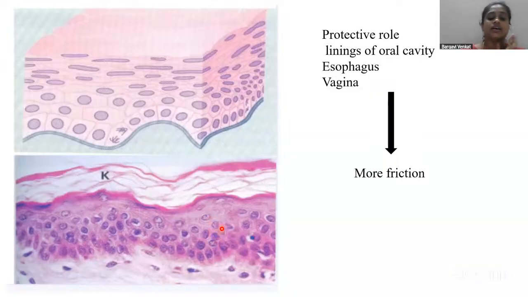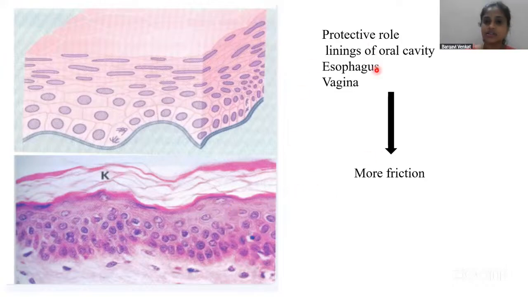In areas where more protection is needed, like the lining of your oral cavity, oral mucous membrane, esophagus, and vagina. All these areas are more prone to infection, and obviously the epithelium has to play the role of protection. It has to act as a physical barrier from the external environment. So it is made up of many layers. That's why it is called stratified squamous epithelium.